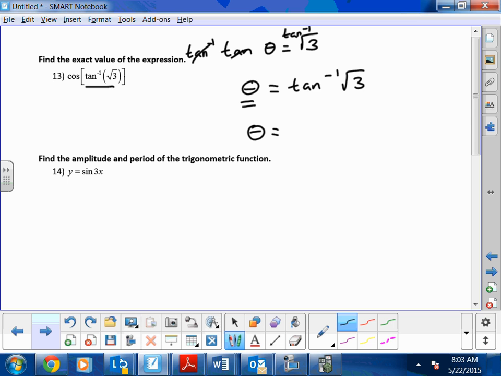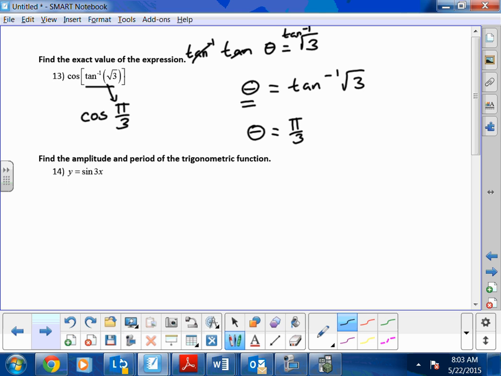Now remember, with these, when you look at tangent values, because of the inverses, we're only looking at quadrants 1 through 4. So we're going to look at quadrant 1, which means that this value is going to be pi divided by 3. So if you're looking at pi divided by 3, we're going to now figure out what is the cosine of pi divided by 3. What effectively happened?